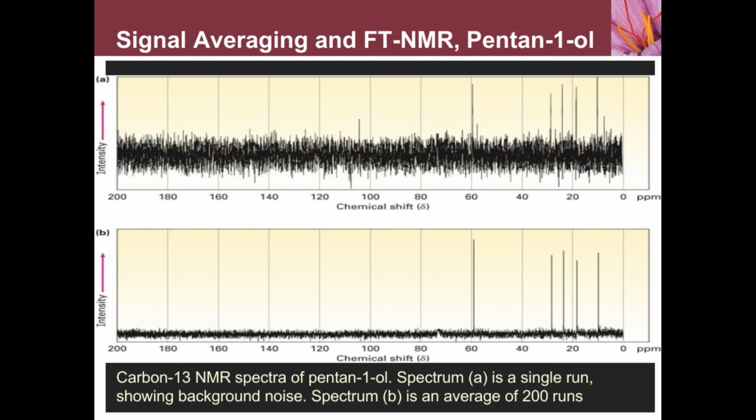It is difficult to assign the signals actually obtained due to the carbons of 1-pentanol, as shown in the spectrum marked A in the first figure. Therefore FT-NMR is used, because in FT-NMR the frequency is adjusted in such a way that the signals are assigned very clearly. There are 5 carbons, therefore 5 carbon signals are assigned.